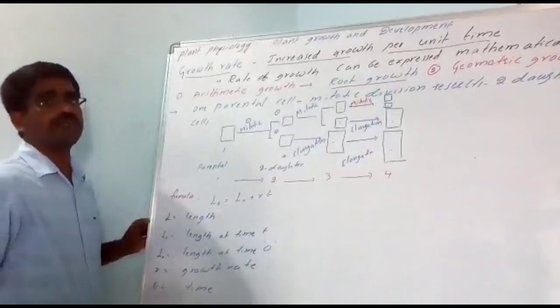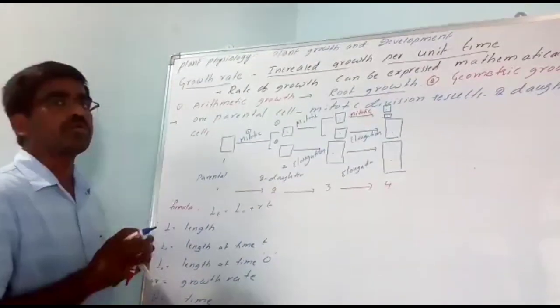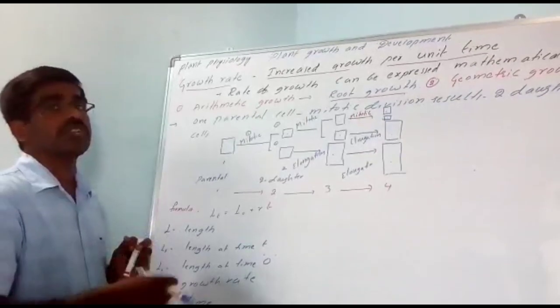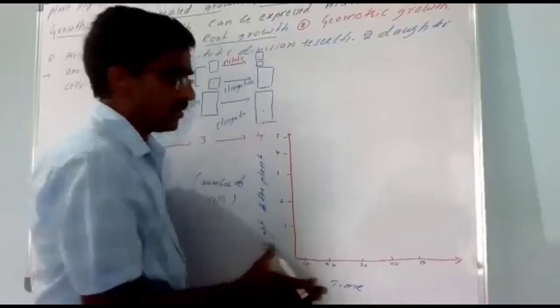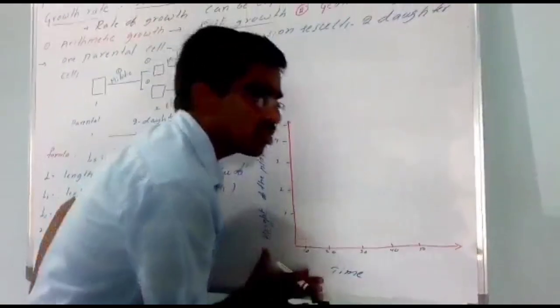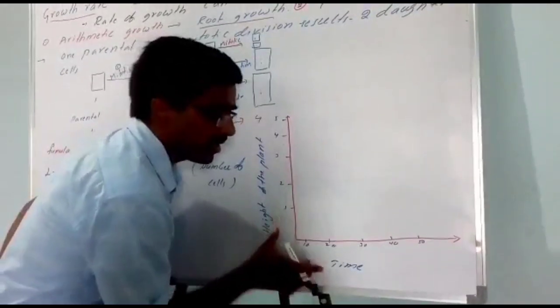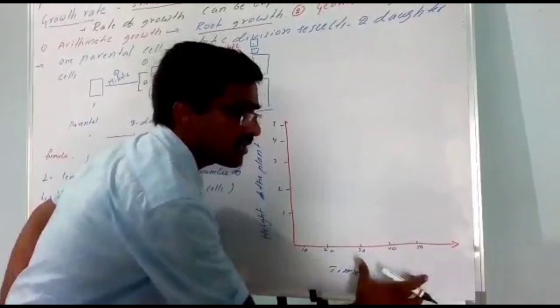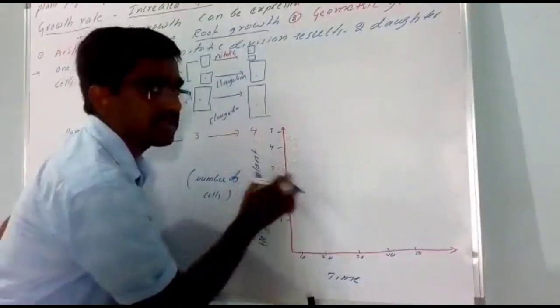By following this principle, we can do problems on the growth rate of a plant, especially in the root portion, by the arithmetical process. Dear students, we can see a small graph. In this graph, two axes are taken: time on the x-axis, and the height of the plant or number of cells on the y-axis.